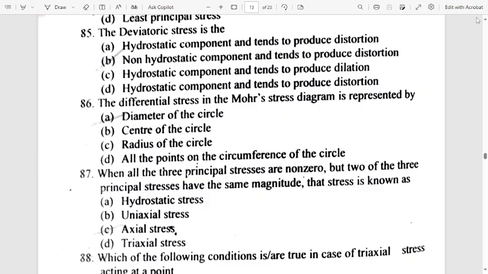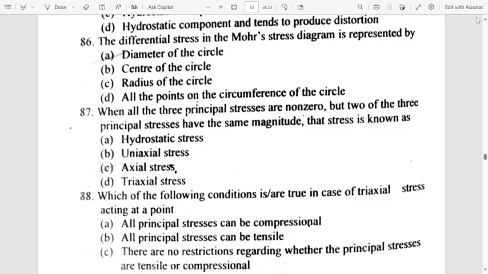When all the three principal stresses are non-zero, but two of the three principal stresses have the same magnitude, that stress is known as axial stress.